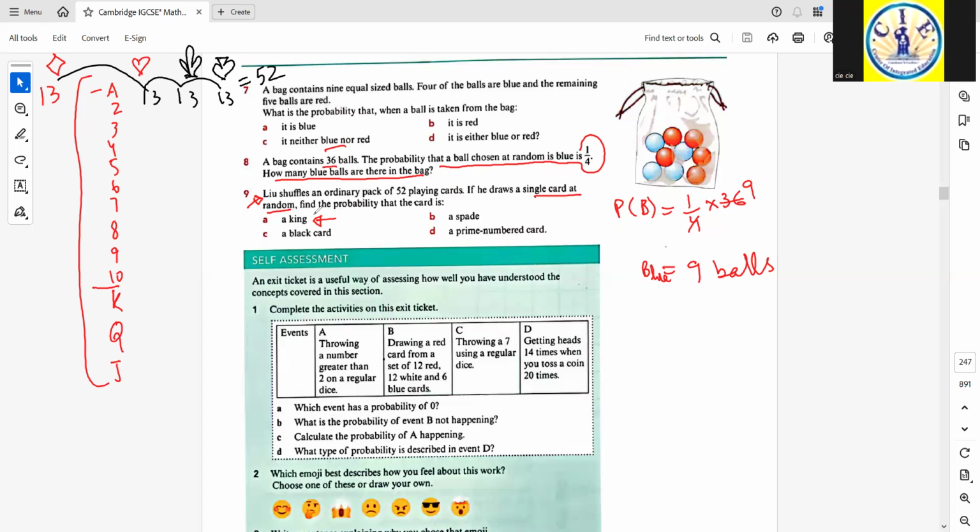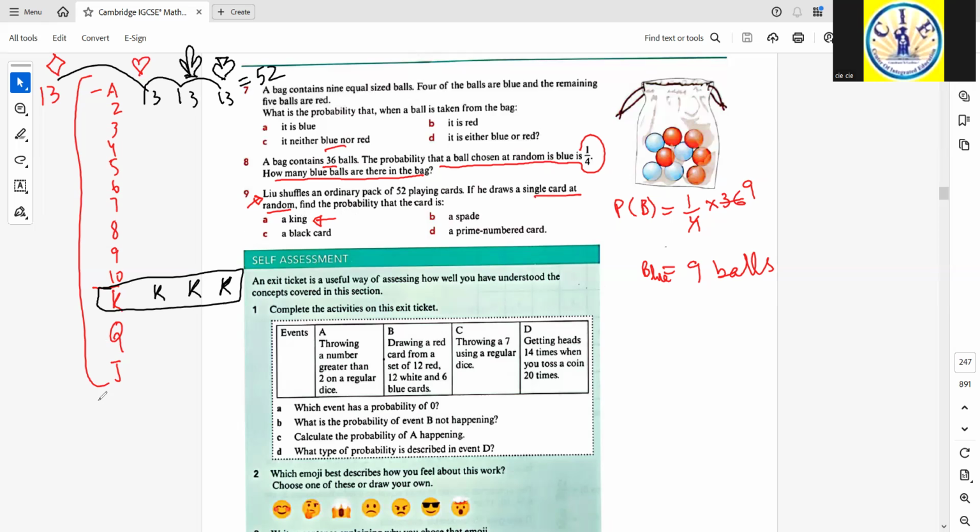So the card is a king. So one king would be from this suit, one would be from this suit, and one would be from this suit. So all together, these are four.